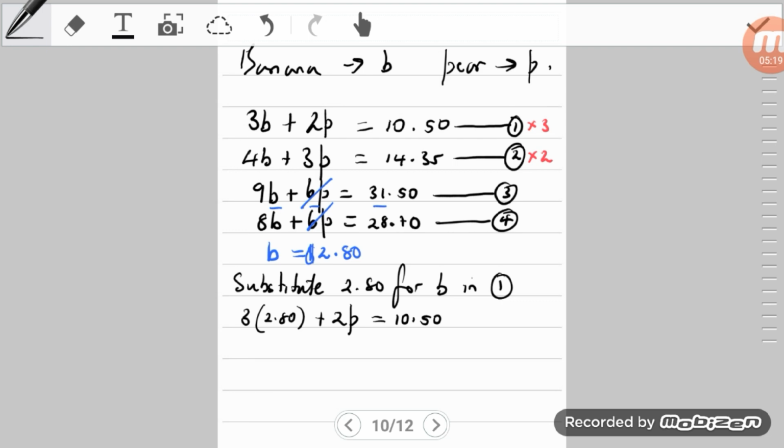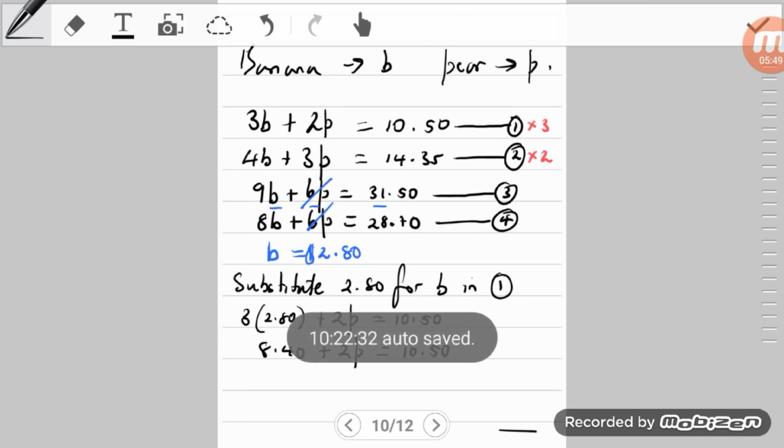All right, now 3 multiplied by 2.80, I believe that is $8.40. So $8.40 plus 2p is equal to $10.50. So basic equation, we transpose 8.40 to the right hand side, or in other words, we subtract 8.40 from both sides.